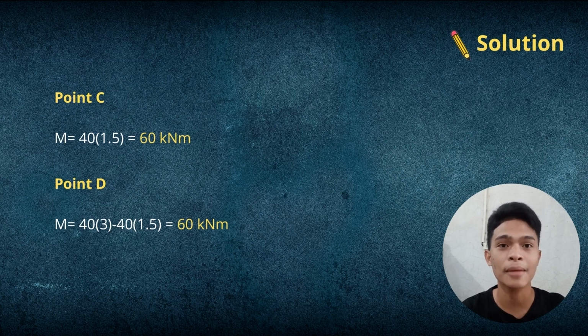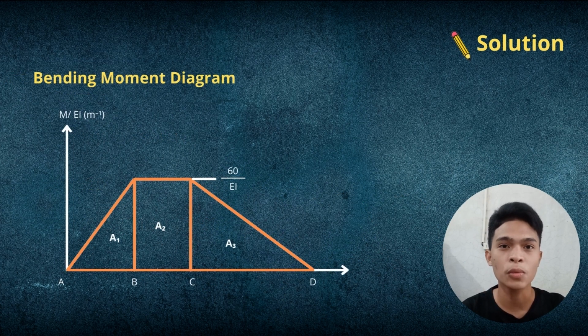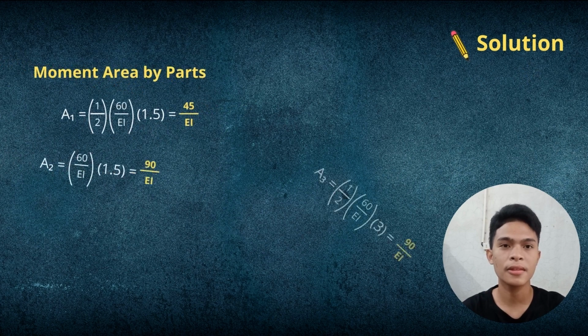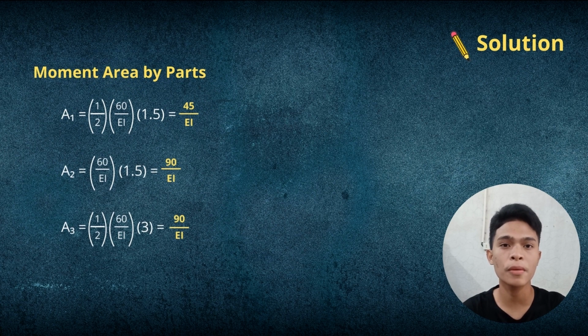On the other hand, at point D, M is equal to 40 times 3 minus 40 times 1.5, which is also equal to 60 kilonewton meter. With this, we can draw the bending moment diagram as shown on the screen.